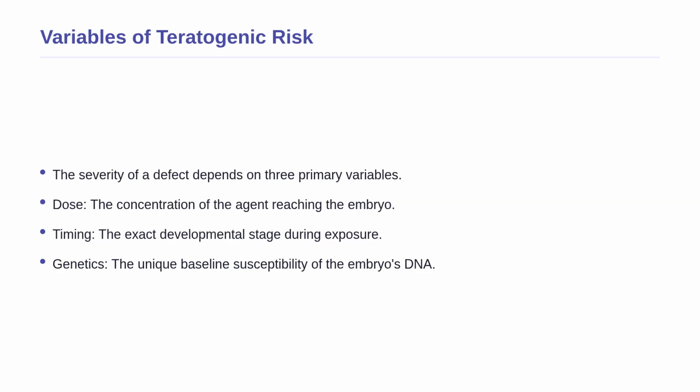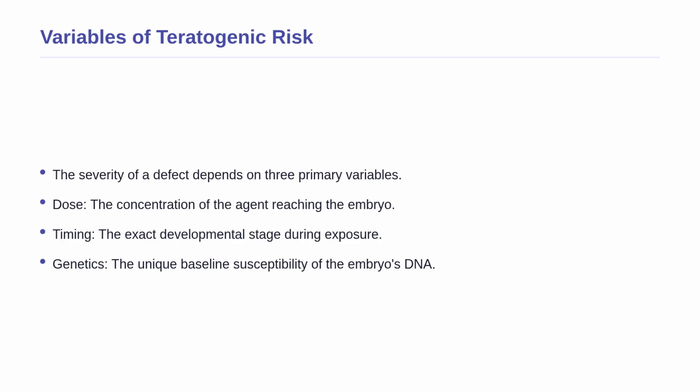Building on that historical context, let us look at the specific biological factors involved. While biology is often seen as purely descriptive, the likelihood and severity of a teratogenic event actually depend on three primary variables. First is the dose, or how much of the agent reaches the embryo.